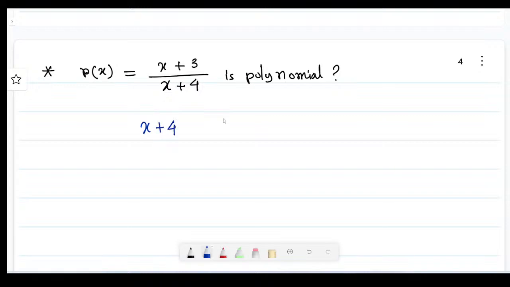So here, if we divide the x plus 3 term by x plus 4, okay, at first if we multiply this by 1, this will be x plus 4, and then we subtract, so we will get minus 1.